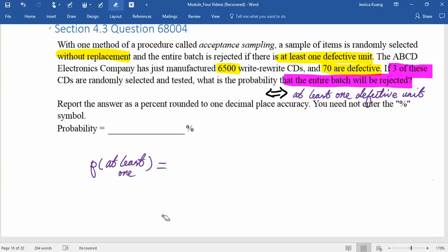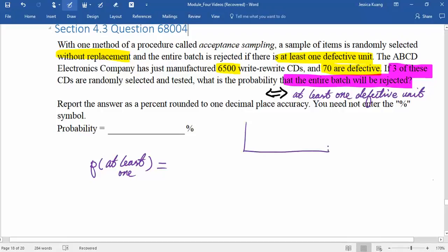Instead of carrying out this calculation, let's consider the opposite case: the opposite of at least one is defective. So let's draw a diagram over here.